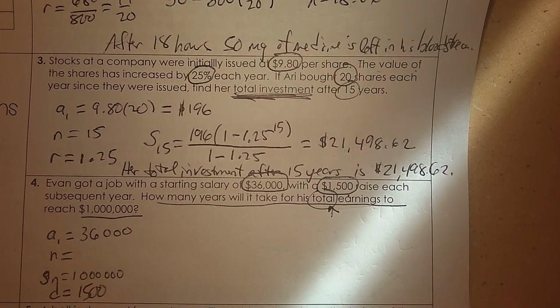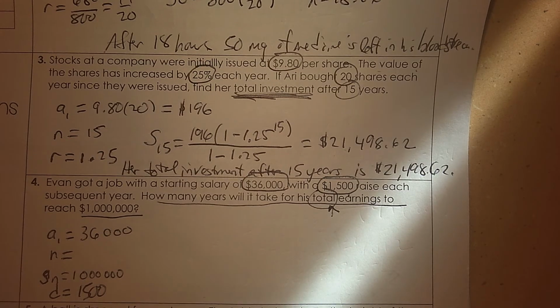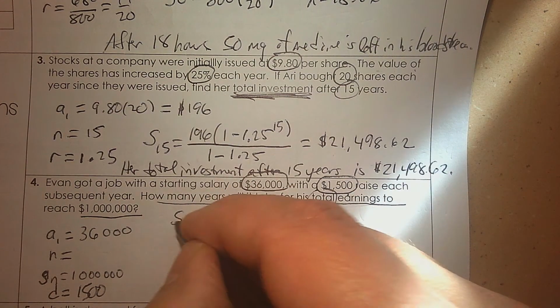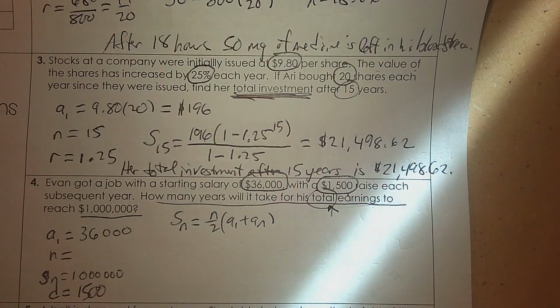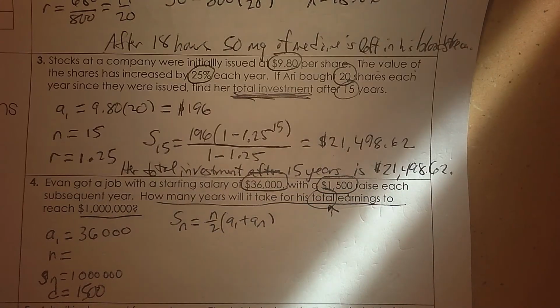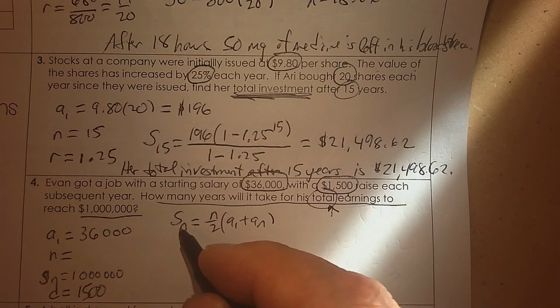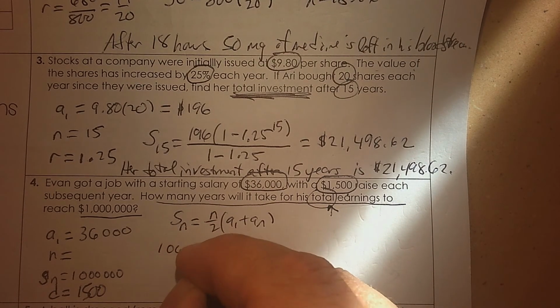Now the good news is, once I set this up, you're going to use the solve on your calculator to do the work. So the formula is Sn = n/2 (a1 + an). Yes? That's the general formula with no numbers. I know that the total sum is 1 million.